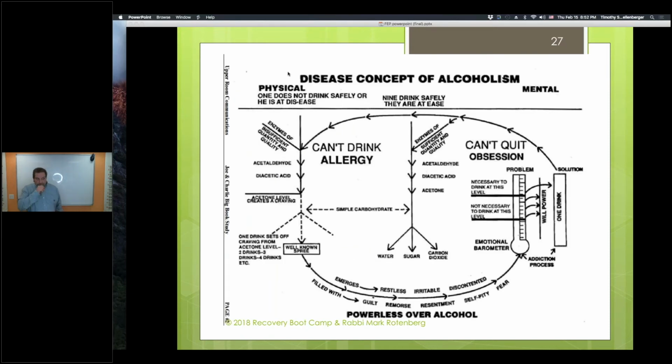So here, we're covering again just this idea. It's the disease concept of alcoholism, right? So we start off where it says enzymes of insufficient quantity and quality, acetaldehyde, diacetic acid, to the acetone level, which stops. This creates a craving, right?